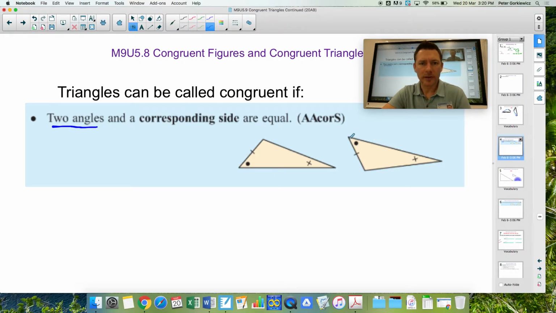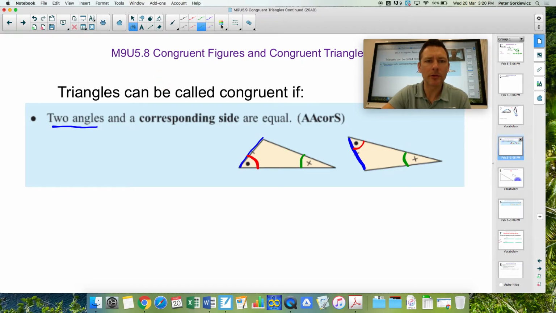So here's our corresponding side. Right, there's our side. And this blue side is attached to the black dot angle. Blue side is attached to the black dot angle, right? So we can say that those two are equivalent, right?